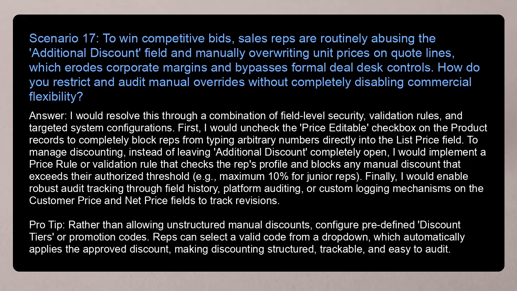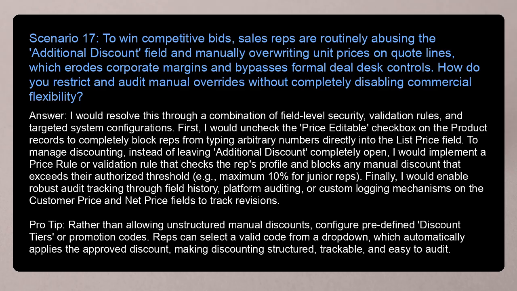To manage discounting, instead of leaving additional discount completely open, I would implement a price rule or validation rule that checks the rep's profile and blocks any manual discount that exceeds their authorized threshold, for example, maximum 10% for junior reps. Finally, I would enable robust audit tracking through field history, platform auditing, or custom logging mechanisms on the customer price and net price fields to track revisions.